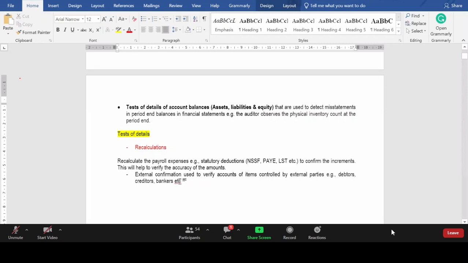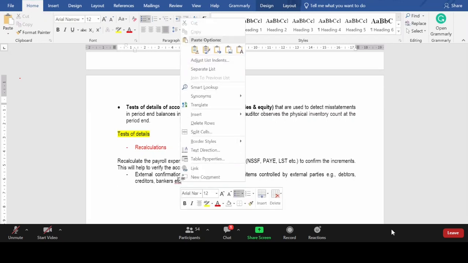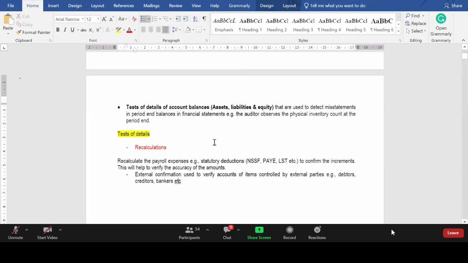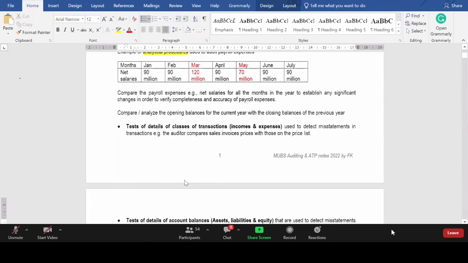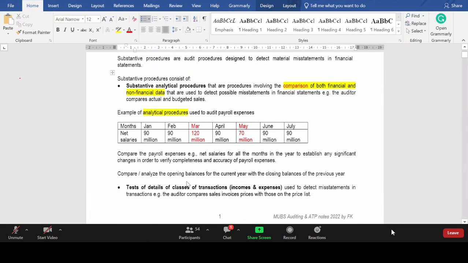For the payroll, who is the external party for the payroll? We want to verify this 120 whether it's correct. So which external party should we write to in this case?